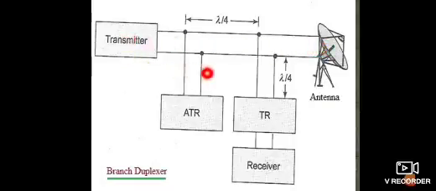But whenever it is receiving signals from the antenna, this TR and ATR are going to be deionized. Deionized means it will be an open circuit in this condition. Whenever it is an open circuit, the signals pass towards the TR, the transmit and receive tube. That means the signals coming from the antenna are received and transmitted towards the receiver.